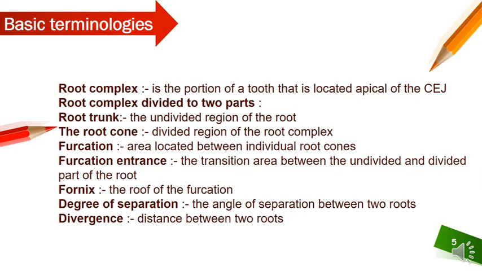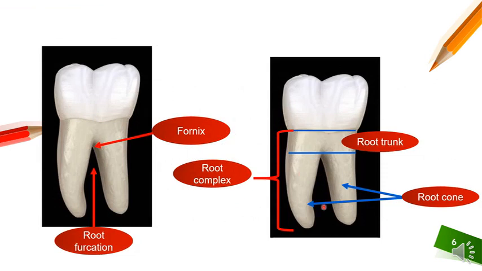We have basic terminologies describing the root and the root furcation. Root complex means the distance from the cemento-enamel junction to the apex. It is divided into two parts: the first part is the undivided part, and the second part is the divided part. This is the root trunk, which is from the cemento-enamel junction to the entrance of the furcation, while the root cone is the separated part of the root complex.